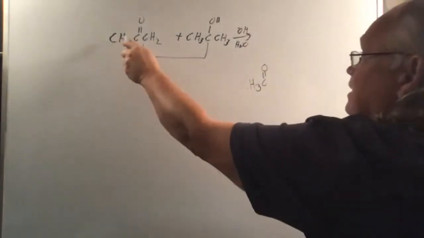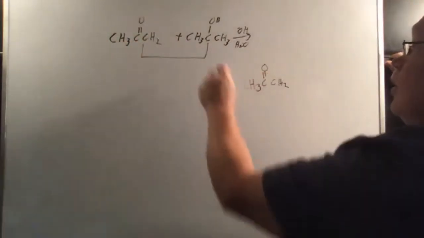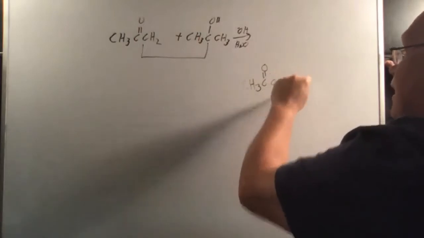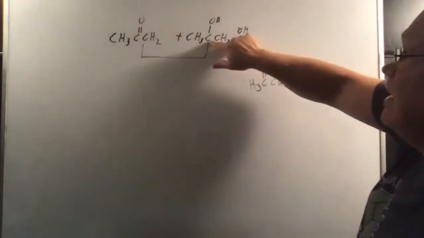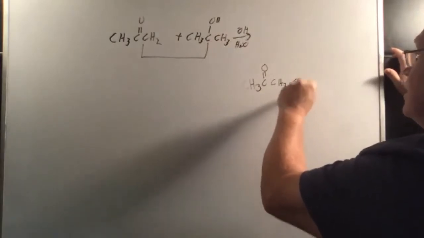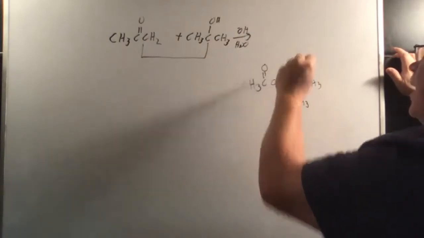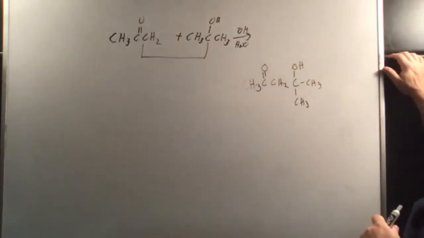So notice that's this one and this one. Here's my CH2 hooked to this C. Now this C is this C. Notice we have two CH3s here. And we get an OH. I always draw the OH up.